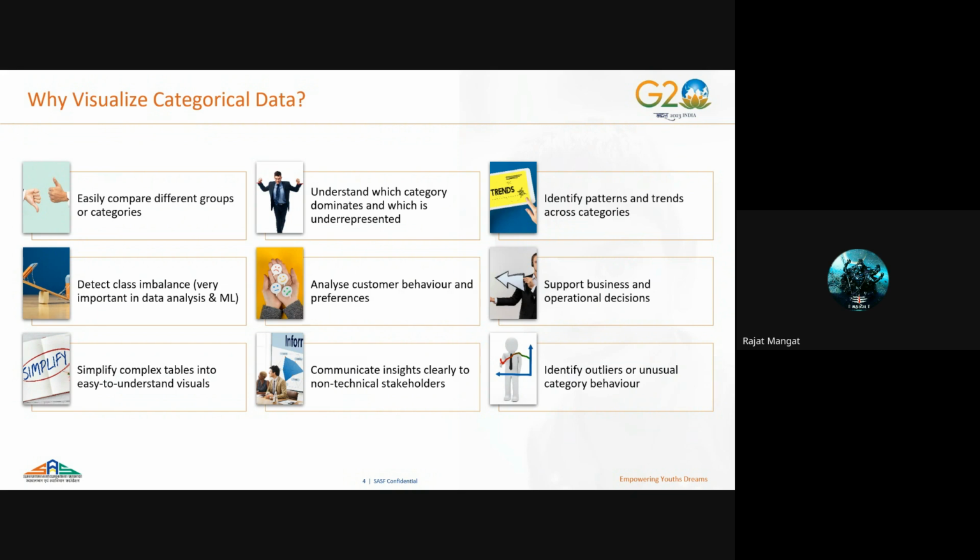Next is understand which category dominates and which is underrepresented. Like I have given you two examples. One is of class and one is of group A, group B, and group C. As we can see, group A is dominating, group B is the lowest, and group C comes in the middle, just above group B. So you can easily say that group A is dominating this particular thing.